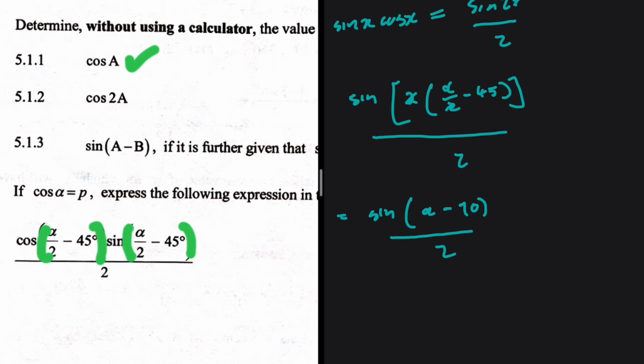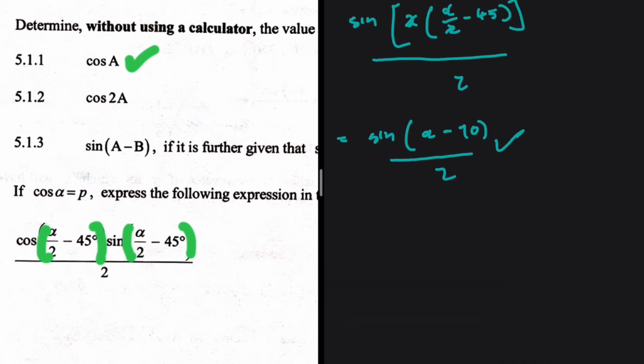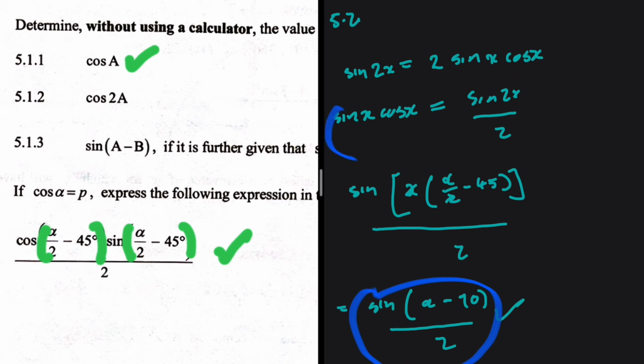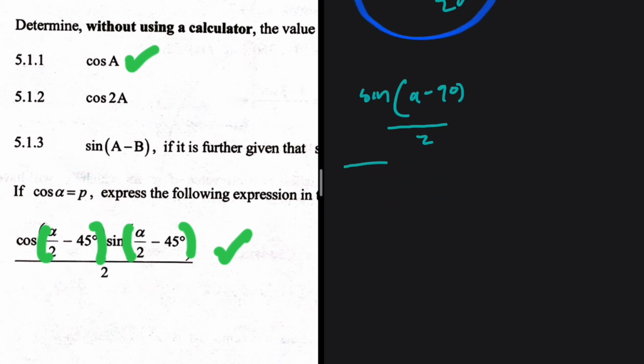Everything over 2, right? So we can substitute this back here, because this thing is equal to sine of x cos of x. So on the numerator here, we're going to have sine of alpha minus 90 over 2, and then everything divided by 2, these two.